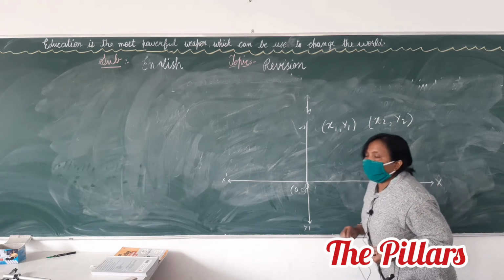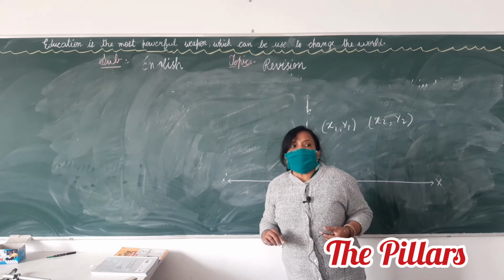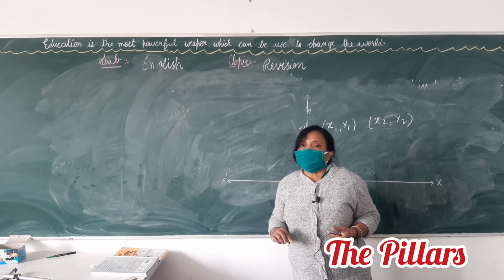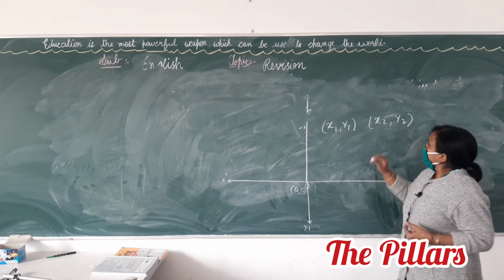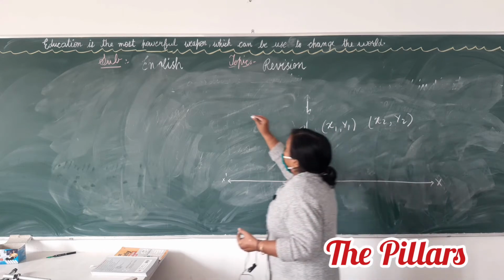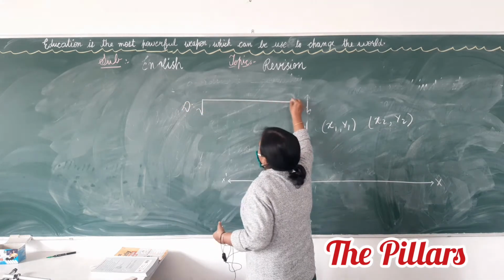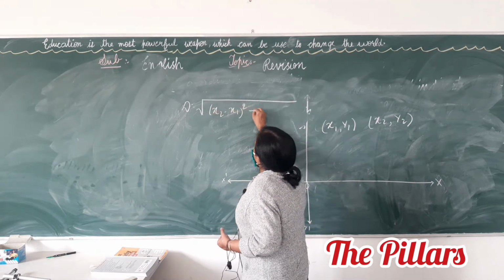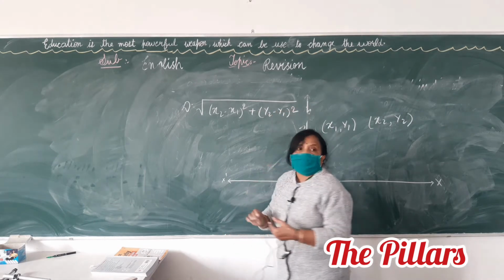Okay, sit down. How many of you know the distance formula? Raise your hand properly. Aditi, you know? Tell me. Your distance formula is d is equal to under root of what? x2 minus x1 whole square plus y2 minus y1 whole square.